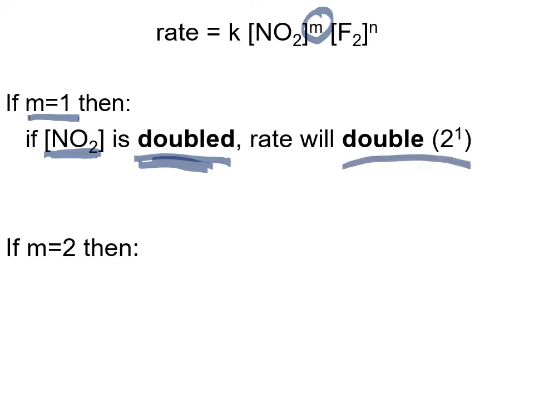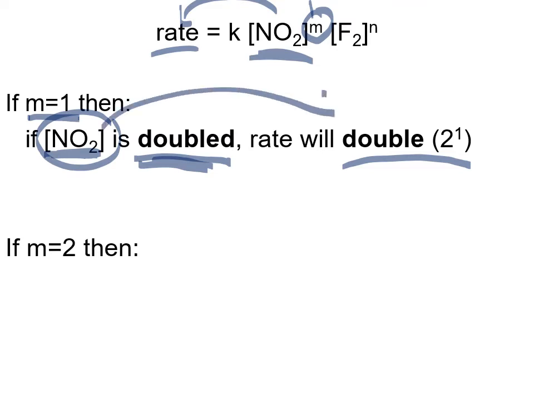So if you double the concentration of the reactant, because M, in this case, is 1, doubling the concentration of the reactant would double the rate of the reaction, because it's an equation. So if you have one side doubling, then the other side is also going to have to double. And if M is equal to 1, then whatever change you did to the concentration, you'd see a proportional change to the rate itself.